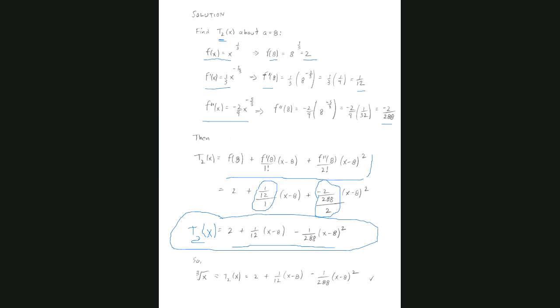We can use the Taylor polynomial to approximate cube roots that are near the cube root of 8. But let me just say, I want to move on now to applying the Taylor inequality. Are there any questions up to here? Are we good?